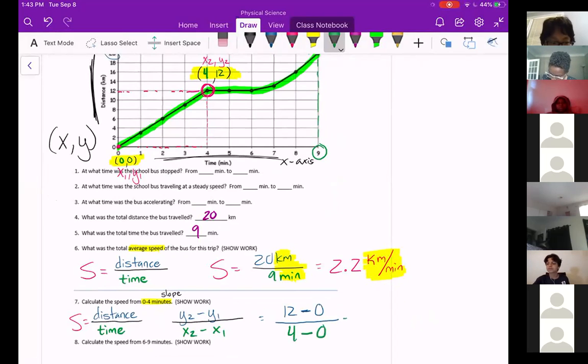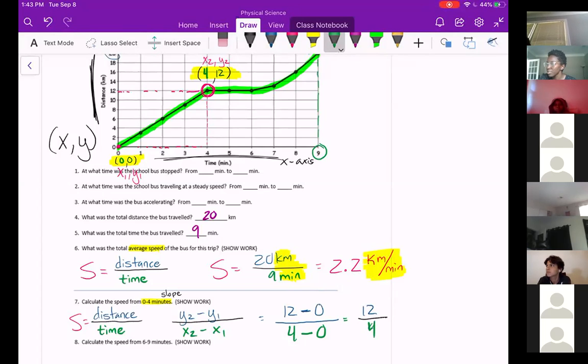Very nice. So that leaves us with 12 minus 0, which is just 12. And then that's divided by 4 minus 0, which is 4, correct? Did I do something wrong? Let me make sure I'm doing this right. That should be right, yes?